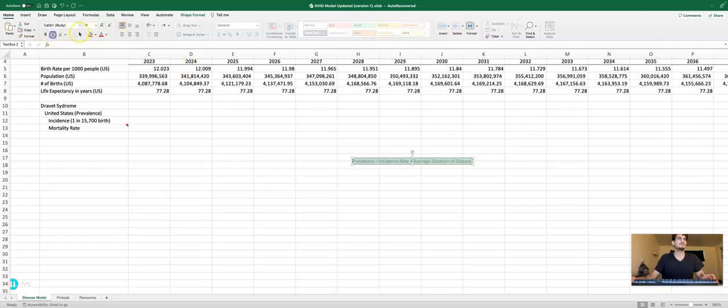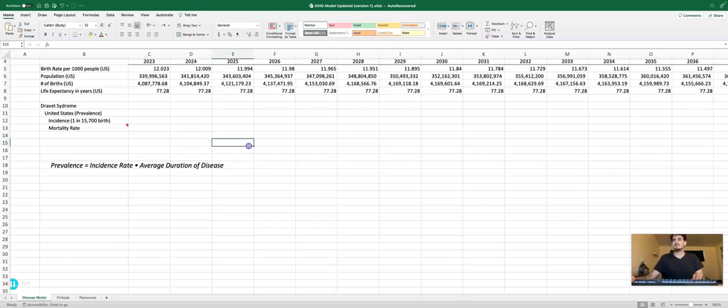So this is the equation that we're going to rely on when we calculate the prevalence of a disease, because sometimes you can't find data. Like for Dravet syndrome, I really couldn't find data on the actual prevalence of that disease. So how do we get to disease duration?